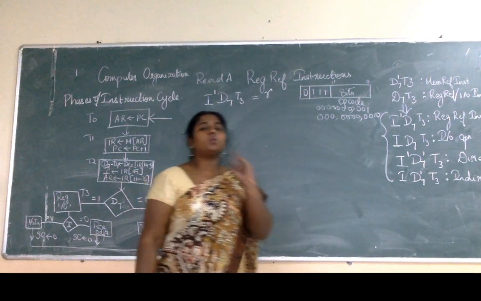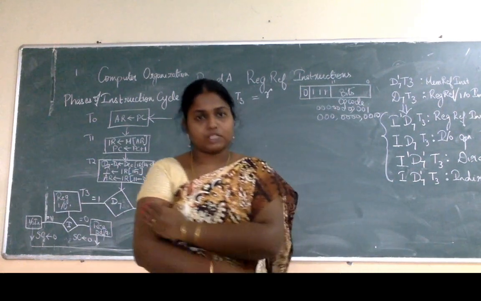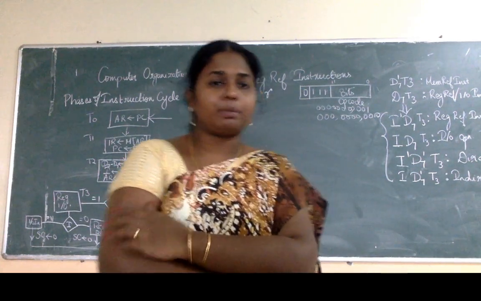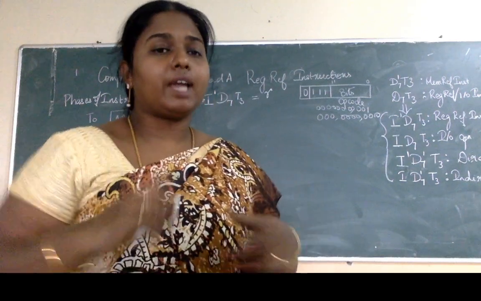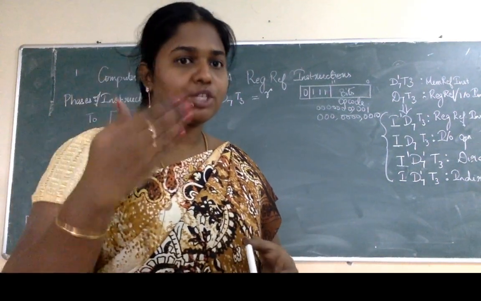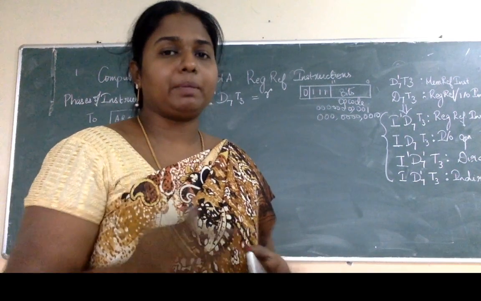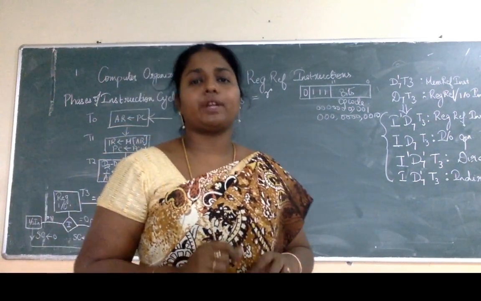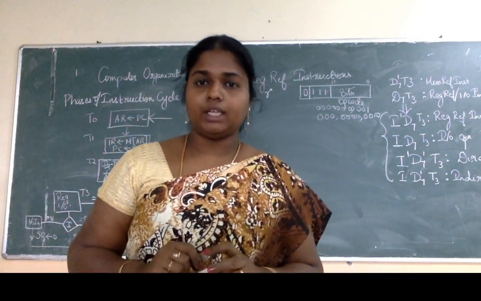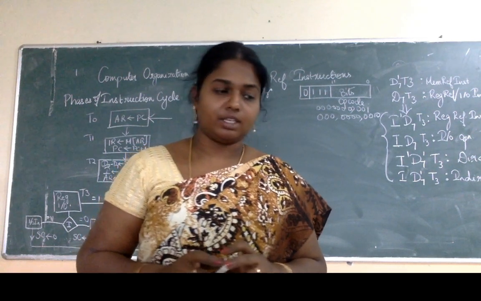So only 1 bit out of the 11 bits is going to be 1. The rest of the bits are going to be 0, and the position of the 1 in the 11 bits decides which operation I am going to perform in the register reference category.